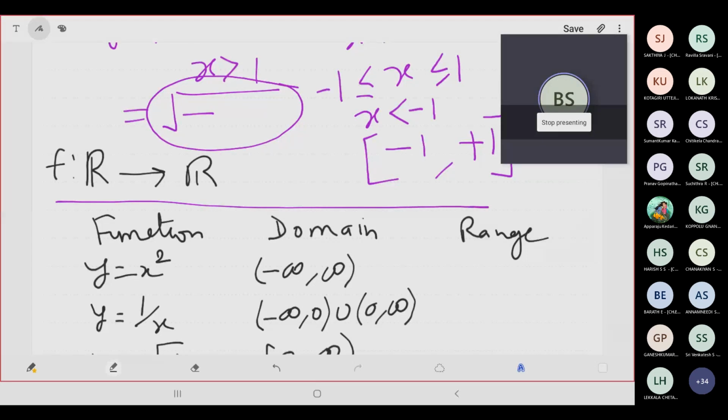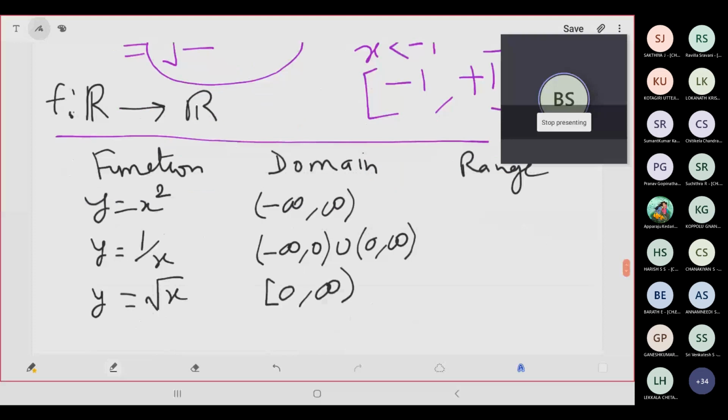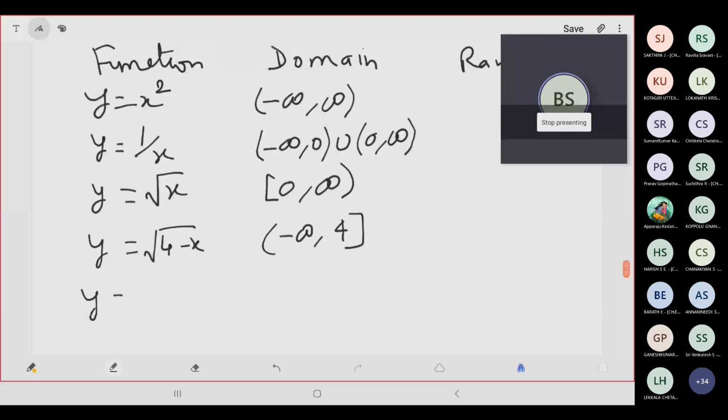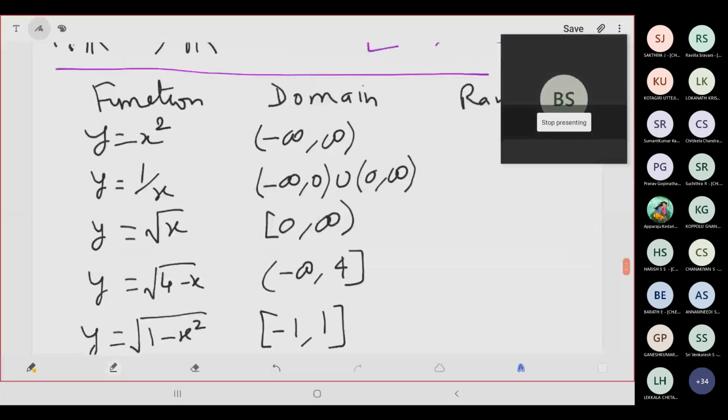So f is a function. In that case, y is equal to 4 minus x, and we have already discussed -infinity to 4. And the last function, y is equal to square root of 1 minus x square, and in that case -1 to 1. So this is your domain.